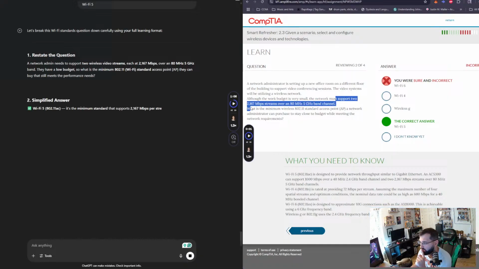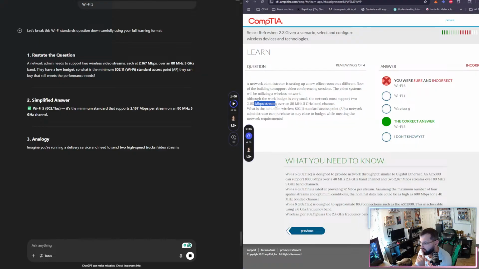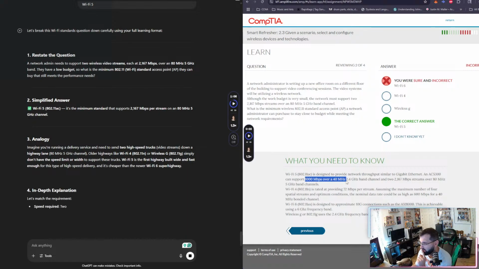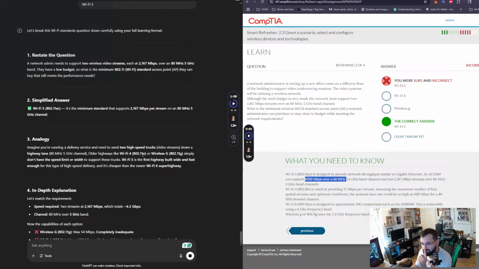Needs to support up to 2,000 megabytes streams over 80 megahertz. This can do 1,000 over 40 megahertz, which means that this isn't gonna make it.